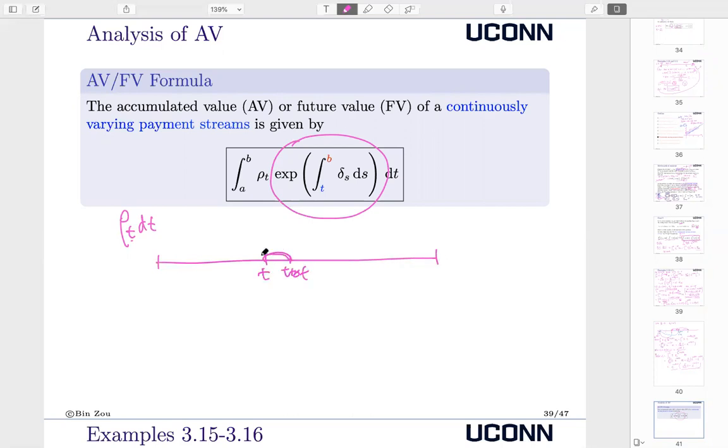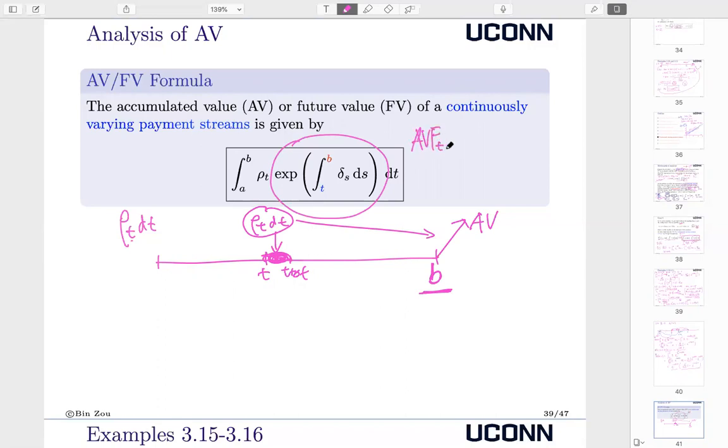This is very small, so I consider this as a point. Rho t dt is the amount at this point. Now I want my value to be accumulated to the final point, which is b. So how do I get from this time t to time b? I will need to multiply by an accumulated value factor.